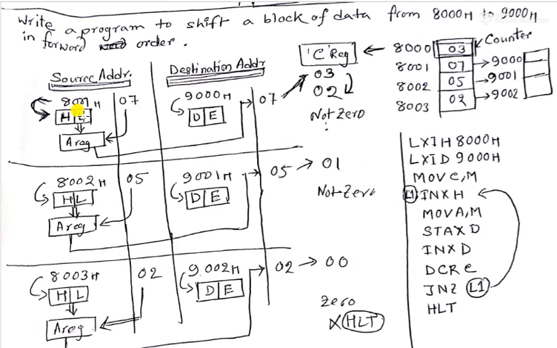Then we have to load this value 07 to the destination address.